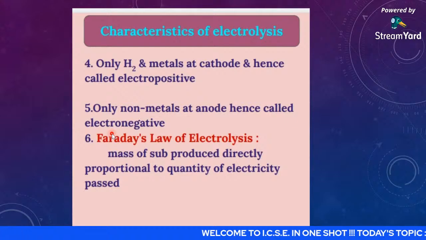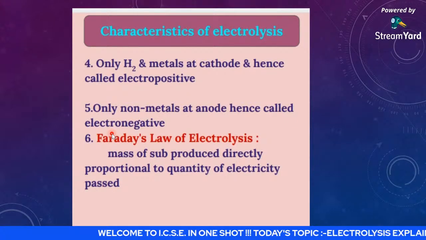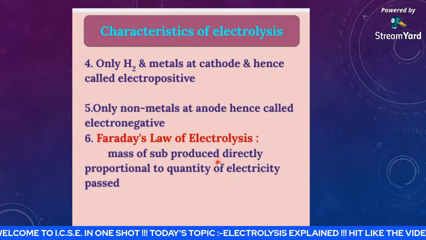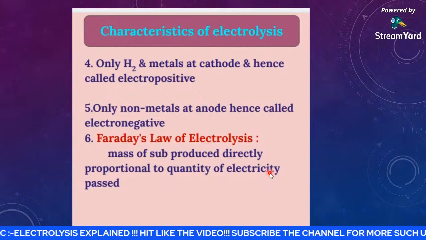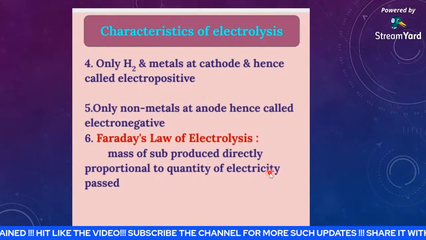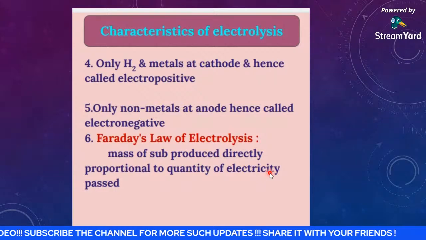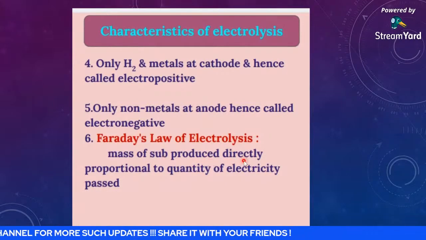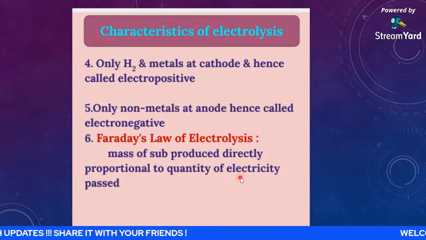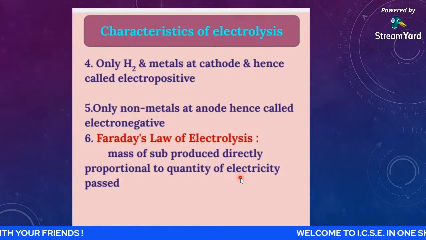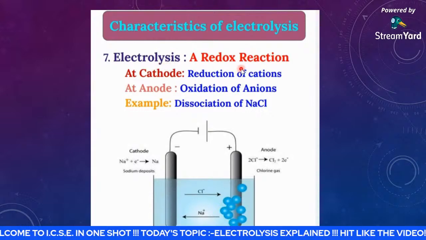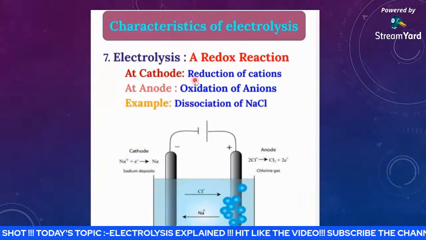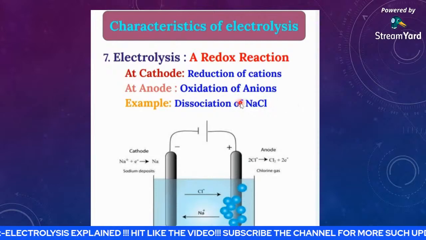Simple. Now, what is Faraday's law of electrolysis? It states that the mass of the substance produced is directly proportional to the quantity of electric current passed through the substance. That is, the mass of whatever product is obtained at the cathode and anode is directly proportional to the amount of electric current supplied. Now, electrolysis is a redox reaction: at the cathode, reduction of cations, and at the anode, oxidation of anions.